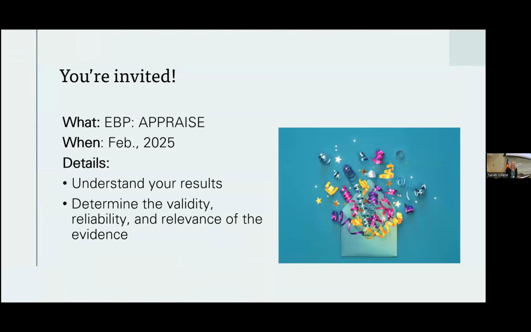So this is learning how to actually understand the results that you found. Now you've come up with your clinical question, you found multiple articles that hopefully answer your clinical question, but now looking at the articles, how do you decide if it's applicable? How do you decide if these are really good articles that are evidence-based and authoritative and valid and don't have bias? So we'll talk about that.